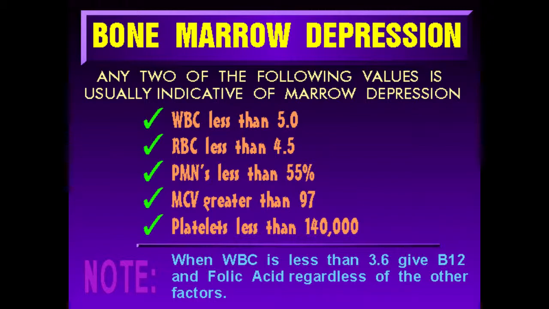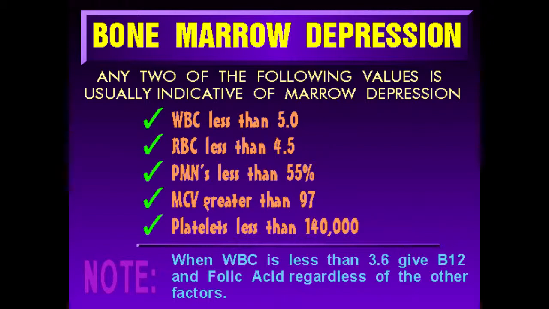The depression on the lab test of those cells that are created by the stem cell in the bone marrow indicates that their populations are not being adequately manufactured. The key to identification is to look for these lower than normal populations and commence treatment with folic acid and vitamin B12.